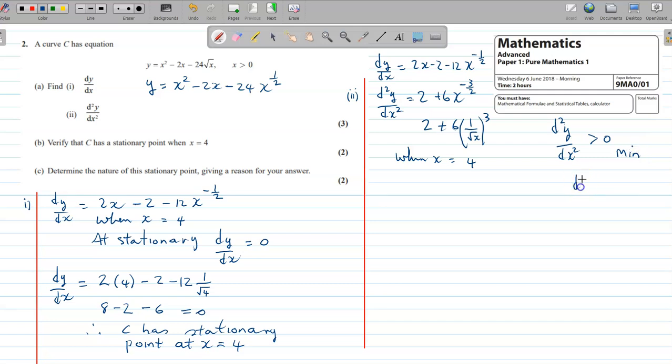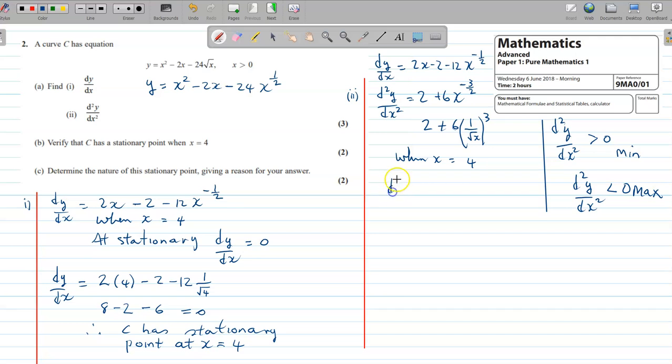If it's less than 0, we would have a maximum point. So these are things that you should know, okay? So let's just put that aside there. When we input the value of x in here, if we get a value greater than 0, the curve would have a minimum value. And if we get something less than 0, we would have a maximum. Let's write 0 here. So let's see what we would get then.